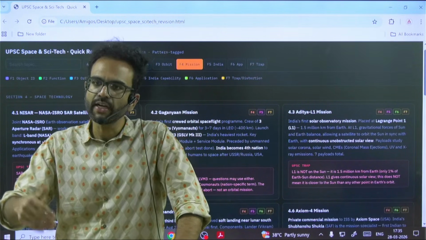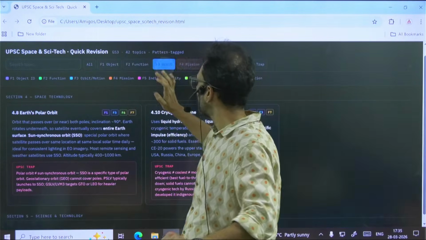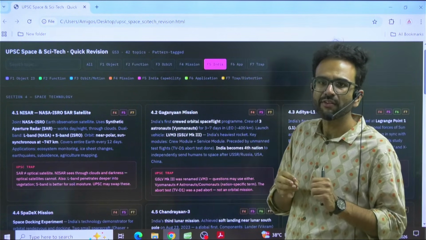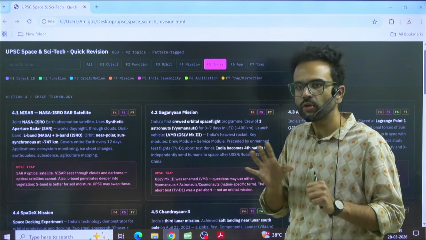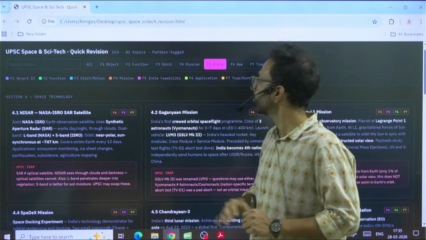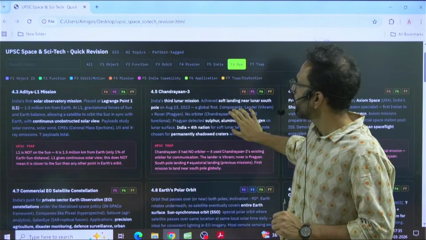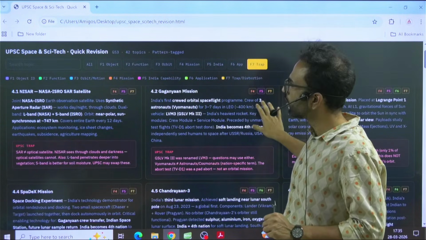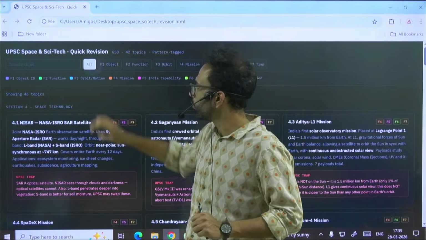It can be a mission, it can be a definition, it can be an orbit, or whatever random news items which are relevant for India. All of them should be viewed through a lens of a problem and a solution format. Okay. This is application part, and finally a collection of all the traps that UPSC can lay for us.